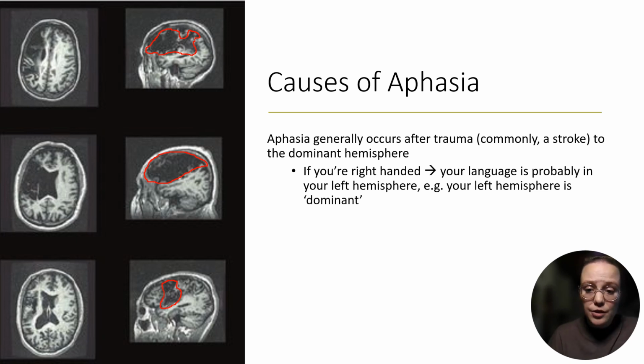Now you have a middle cerebral artery in both hemispheres. It's your biggest artery branch in the brain. It comes from your carotid artery. Middle cerebral artery strokes can be smaller or they can be very large. Typically, the larger strokes are the ones that result in aphasia, but that's not always true.